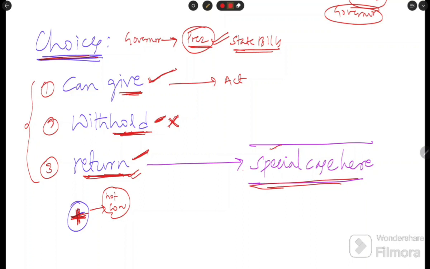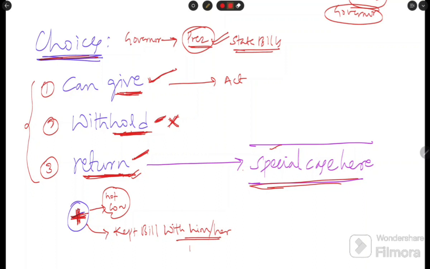What is the third choice? He does not take any decision. He does not give the assent, he does not withhold the assent, he does not return the bill. It means he keeps the bill with him or her for an indefinite time. Why is this so?